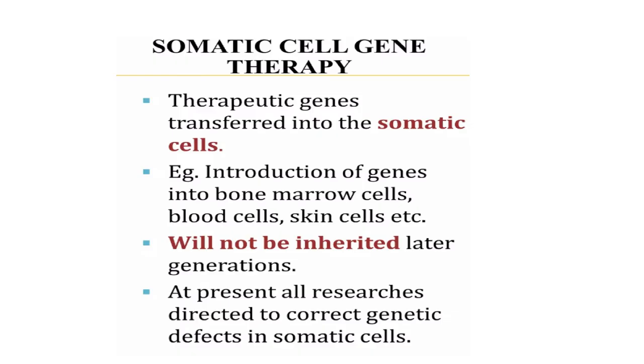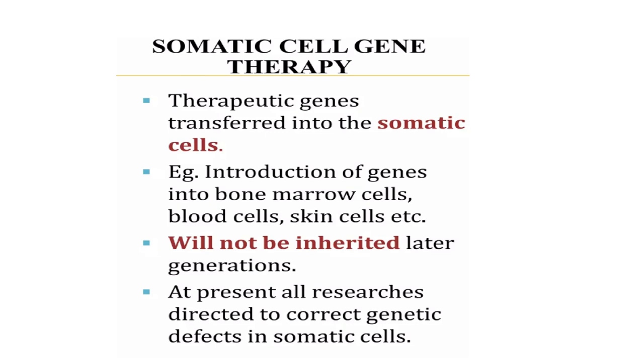So what we need to do for gene therapy is somehow get these genes into the cells that have defective genes, injecting them into those cells enough that it'll make a difference.